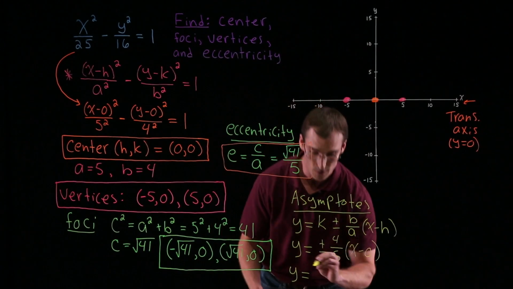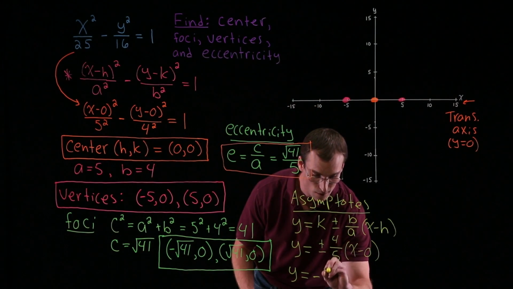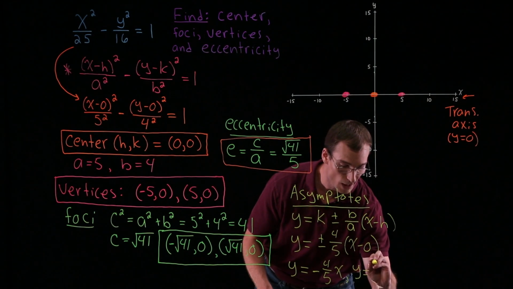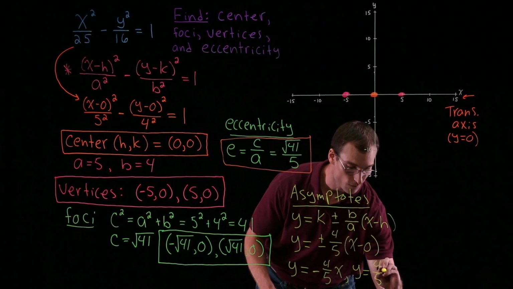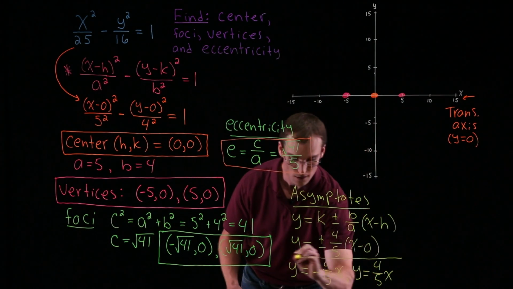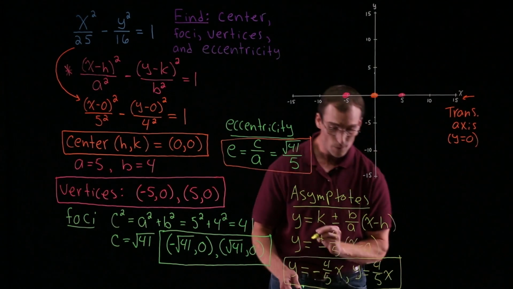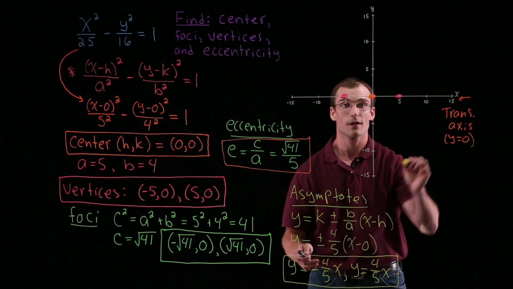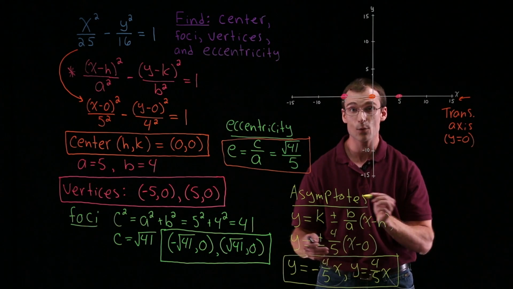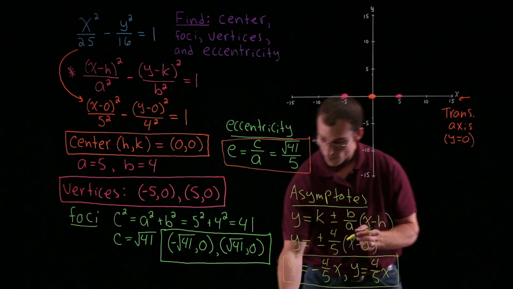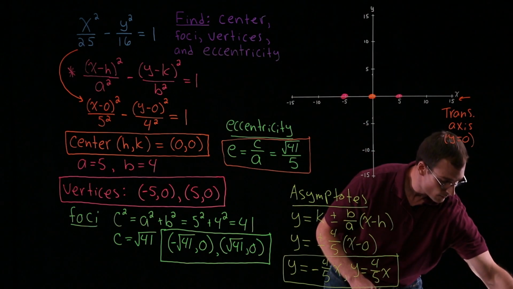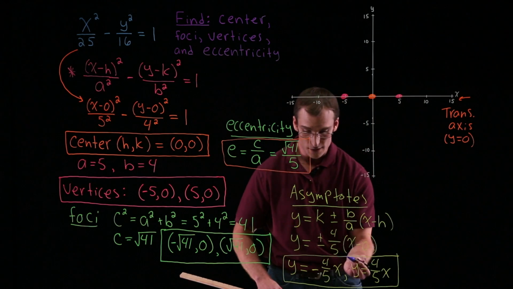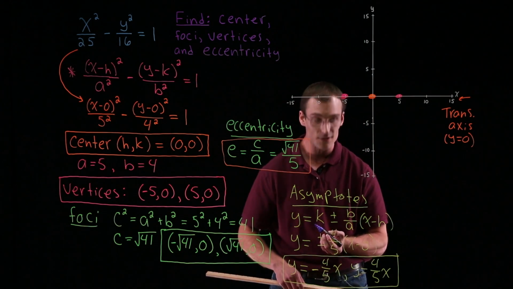We'll clean this up and write these as two separate lines. Our two asymptotes are y equals negative 4/5 x and y equals positive 4/5 x. Using these two lines, we're going to plot them in here. They're going to crisscross through the origin, and then we'll sketch in our hyperbola. First, the line y equals negative 4/5 x.